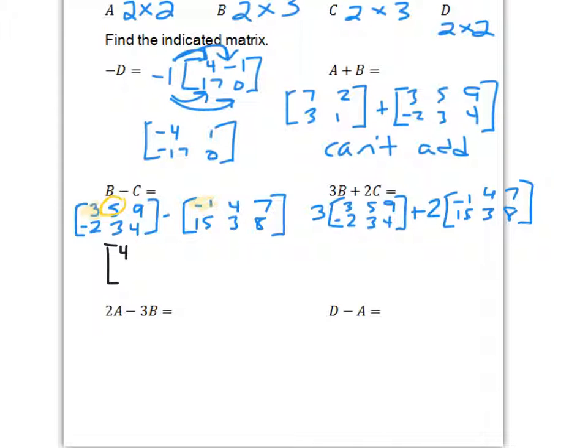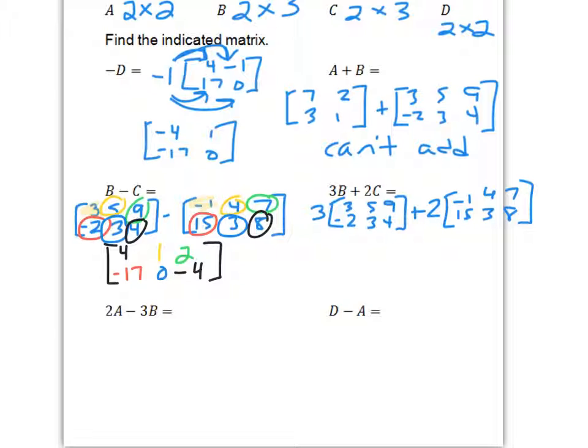Then 5 minus 4 would be 1. 9 minus 7 would be 2. -2 minus 15 would be -17. 3 minus 3 is 0. And 4 minus 8 would be -4.